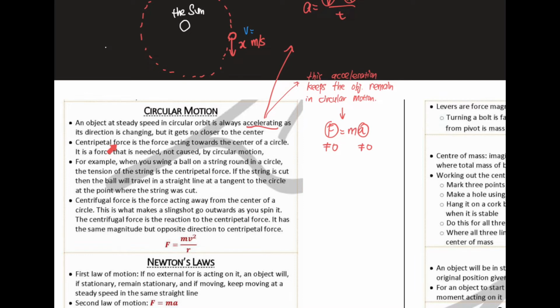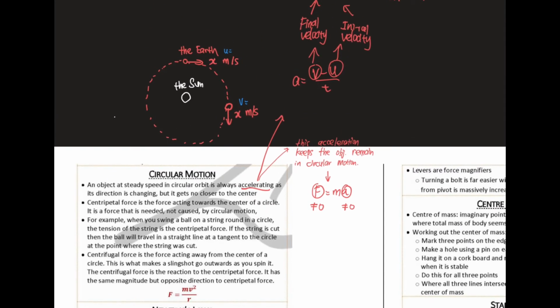Centripetal force is what force? It's the force acting towards the center of a circle. Which means there is a force acting in this way. When the earth is on top, the force is acting here. Centripetal force.